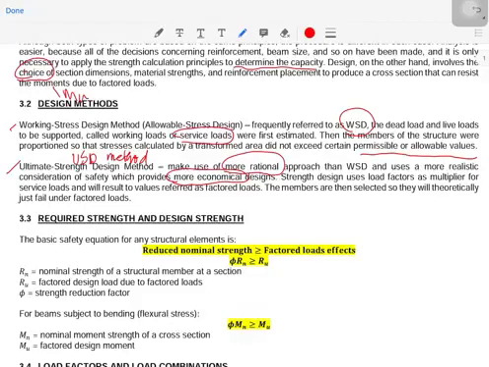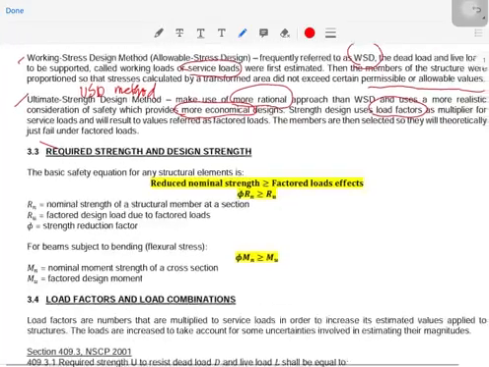Strength design uses factored loads, with multipliers applied to the service loads, resulting in values referred to as factored loads. The members are then selected so they will theoretically just fail under factored loads. So those are the differences for the two design methods.